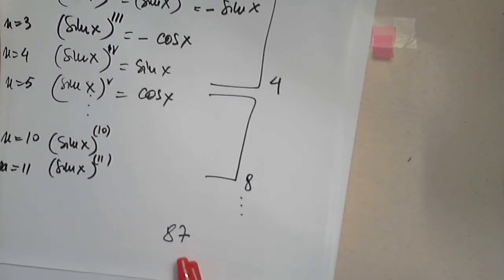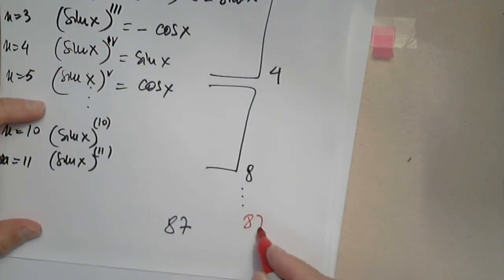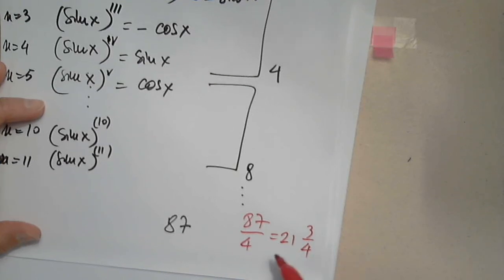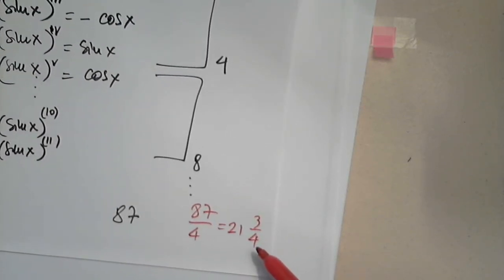So if we divide 87 by 4, what do we get? 87 divided by 4, I got 21, correct? It's 21 and 3/4. I don't need the decimals, I need the mixed number. Is that correct? Yes.